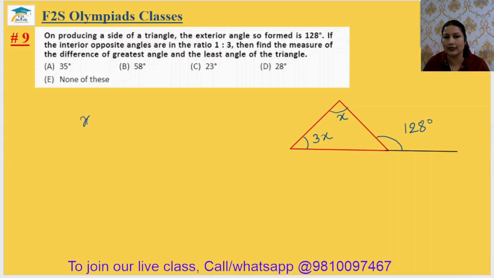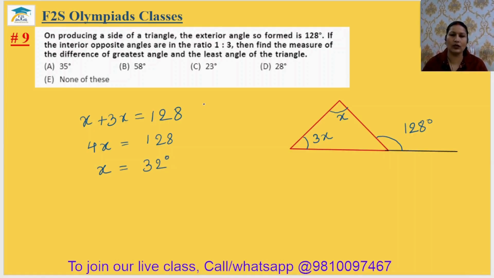It means x plus 3x should be equal to 128. So we can write 4x equal to 128. This implies x equal to 32 degree. Okay? So 3x, this angle will be 32 multiplied by 3.